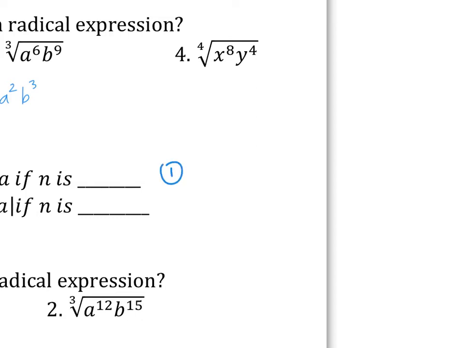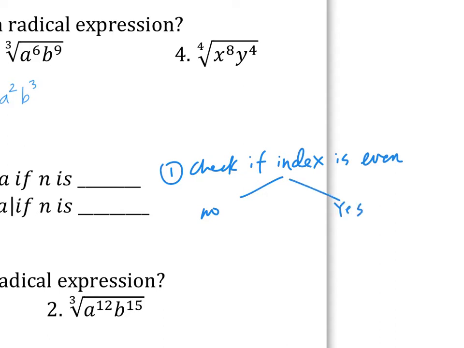First, check if the index is even. If it's not, it is what it is. No and yes. If it's no, that means the index is odd, then you just do the normal thing, no absolute value.